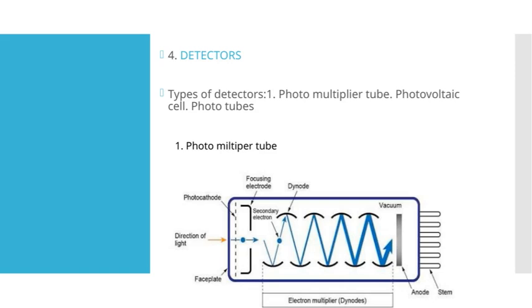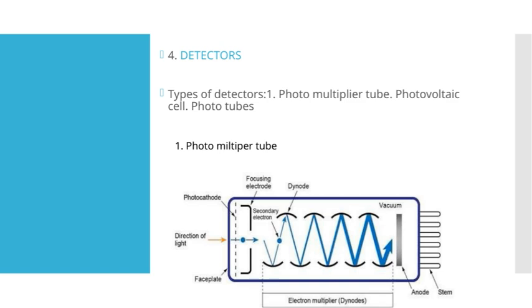Now, moving on to detectors, which are essential components in our measurement systems. When it comes to types of detectors, there are a few key ones to keep in mind. First, we have the photomultiplier tube, which is highly sensitive and capable of detecting very low levels of light. Then, there's the photovoltaic cell, which converts light directly into electrical energy, making it useful for various applications.